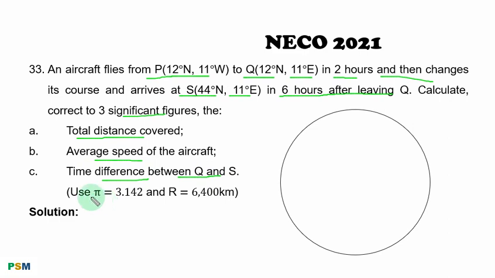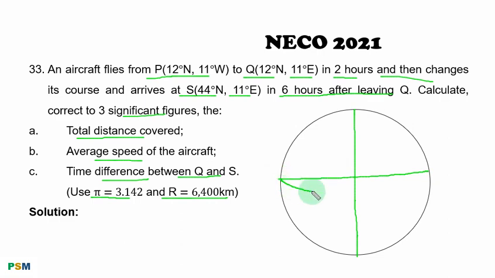Use pi equal to 3.142 and radius of the Earth equal to 6,400 kilometers. Solution: we need to locate the various points on the Earth surface. So you draw the Earth as a sphere followed by the two principal axes, north, south, east, west.